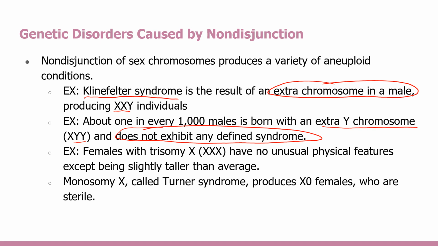Another example would be females with trisomy X, so a third X. And this has no unusual physical features except for being slightly taller than average. And monosomy X, or Turner syndrome, produces XO females who are sterile.